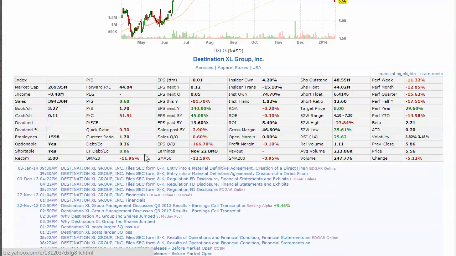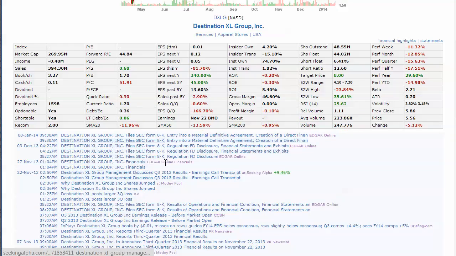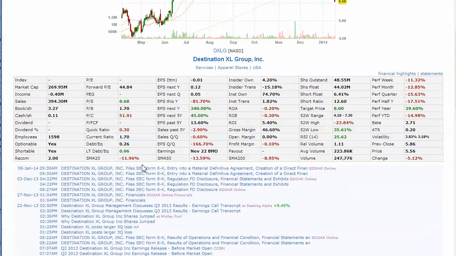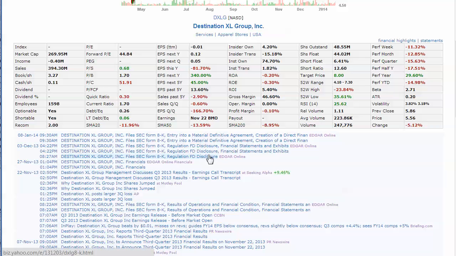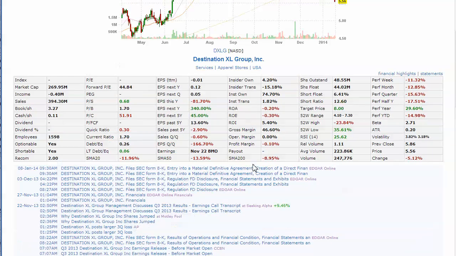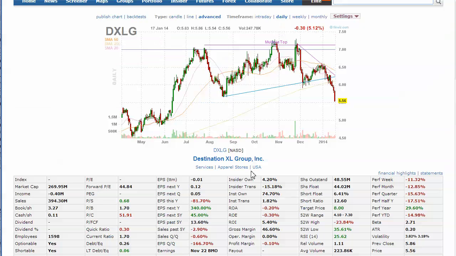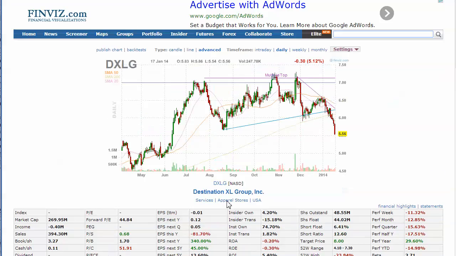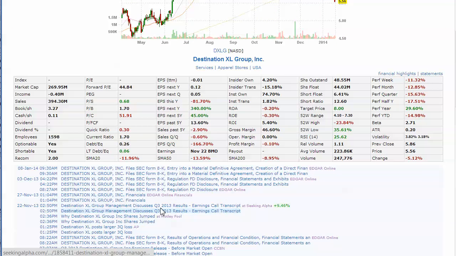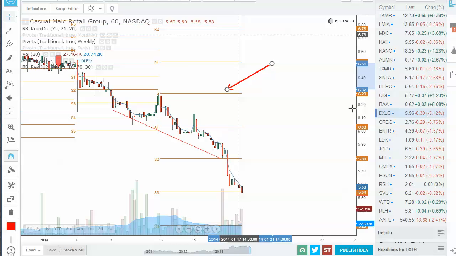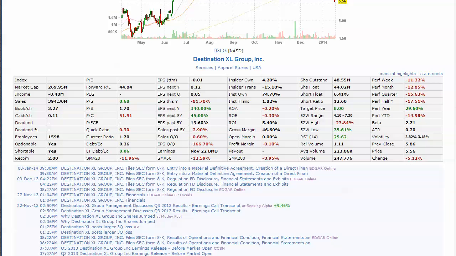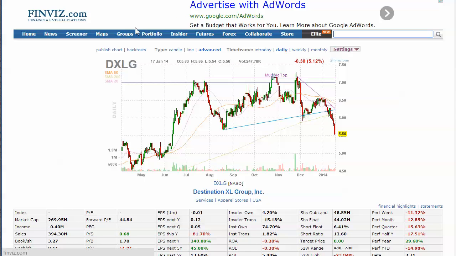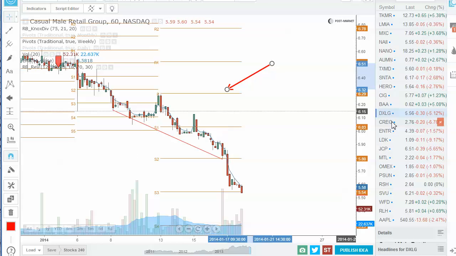And I'll run through some of the recent news here, if it's a stock-related trade, and I'll make sure that I'm not buying into some kind of delisting or a lawsuit or some craziness that's going on. I'll make sure that I'm not getting into something that I'm really going to regret later. And you can just do all that at finviz.com. That's an awesome website. It's totally free.